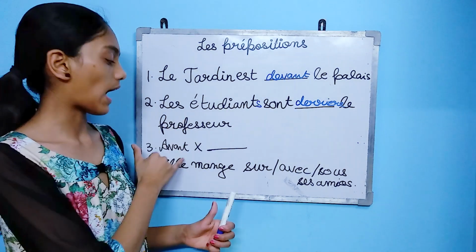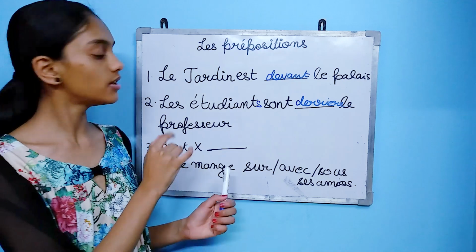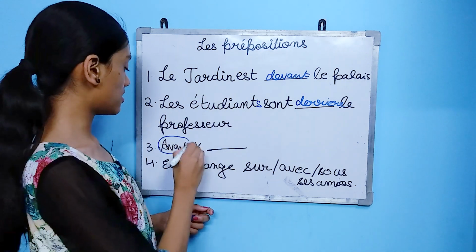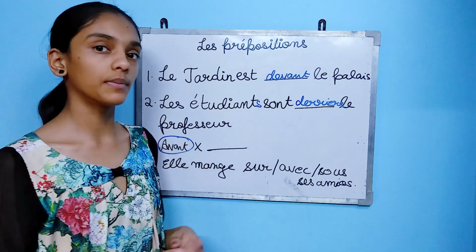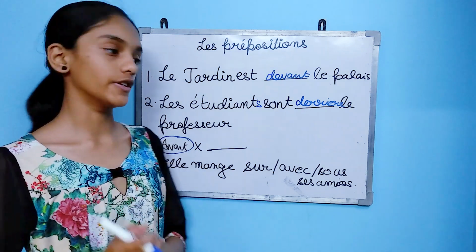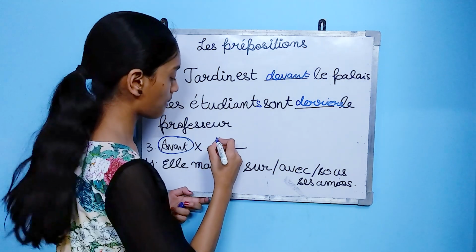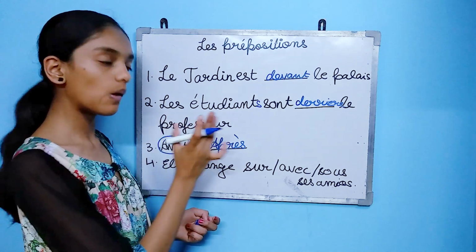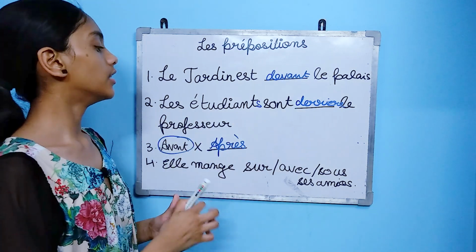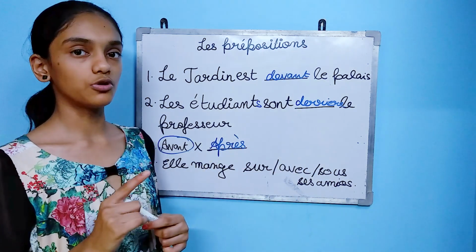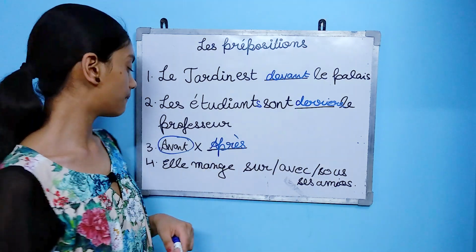Now here I have been given a preposition and I have to write its opposite. The preposition here is avant. Avant means before, and the opposite of before is after, and in French it is après. Avant, après. Now here I have been given three options and I have to choose the appropriate one.